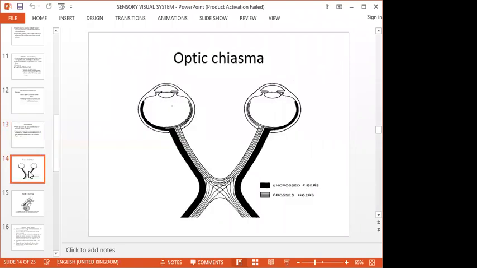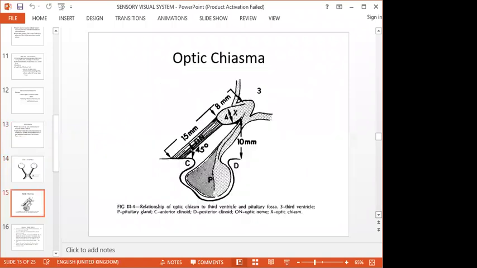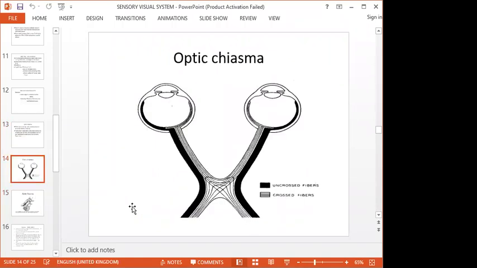This is what we mean by chiasma. These are the eyes here. This is the optic nerve. This is the chiasma.